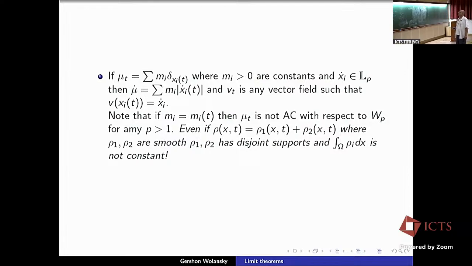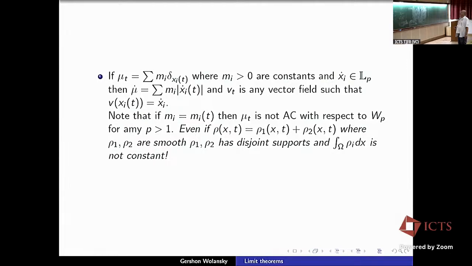What happens if we take something not regular, something like a combination of orbits along delta functions? Let's assume x_i are orbits in space, delta are Dirac measures, and m_i are constant positive numbers.